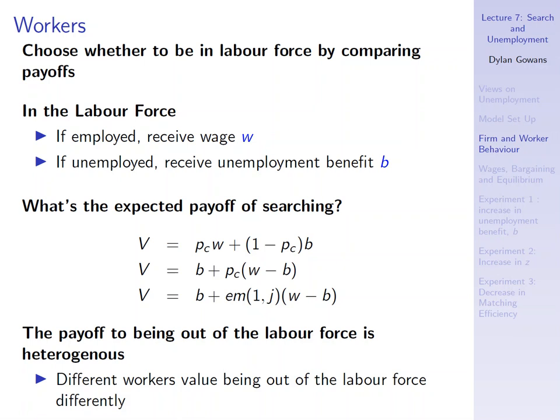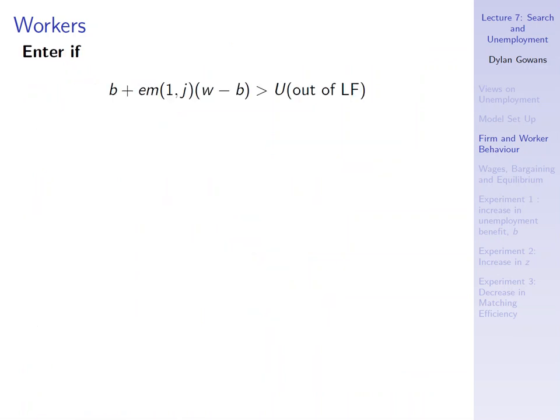But importantly, people value being out of the labor force differently. Some people really value being out of the labor force and others don't. And so why is this important? Well, we can say that workers will want to enter if the value to being in the labor force that we just found here is greater than the utility of being out of the labor force. And I said that this utility of being out of the labor force is heterogeneous. It's different across workers.